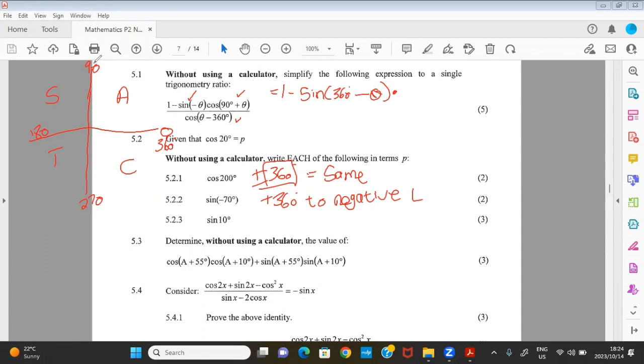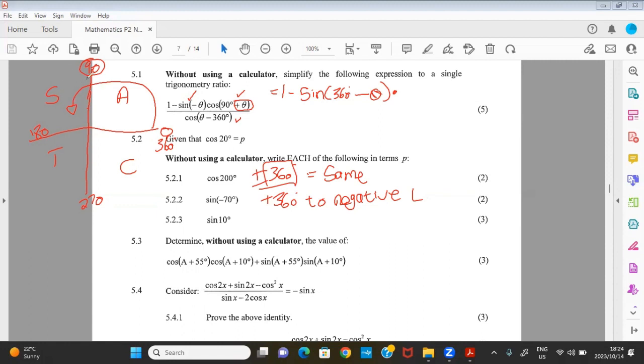So in my CAST diagram, I can see your 90 degrees here it is. And then we measure our angles going anti-clockwise, right? So from basically 90 degrees, when I have to add an angle of whatever size, I'm going to end up in quadrant 2, right?